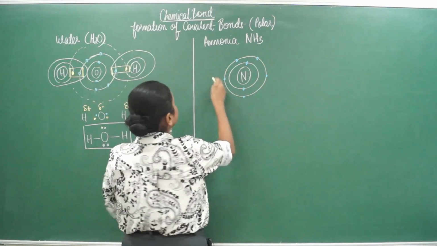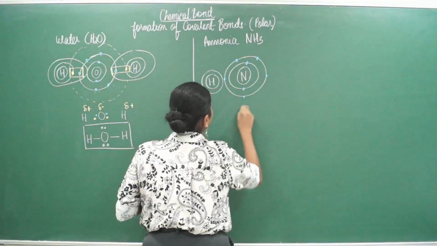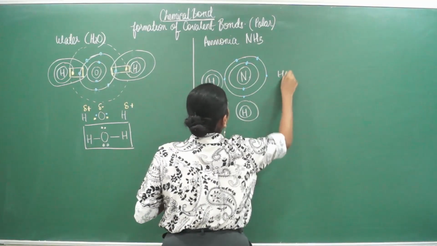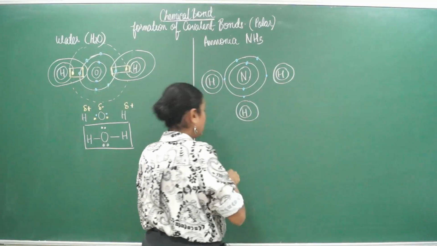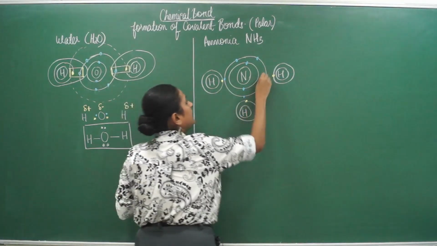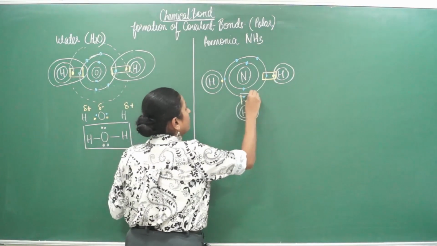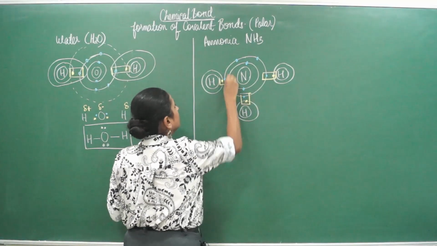Okay? Hydrogen has 1 electron. So each hydrogen will share 1 electron with nitrogen.